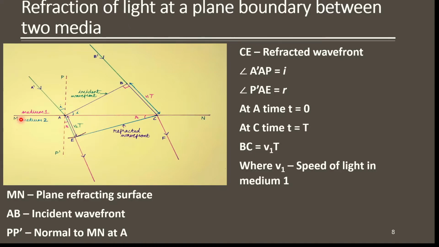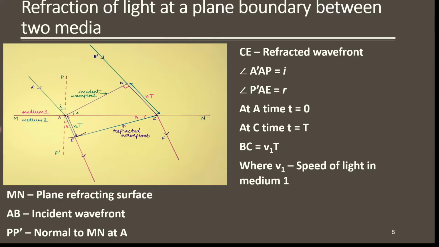Now we want to find the position of the secondary wavelets originating from A after time t. To find it, draw an arc with radius V2t and center A.